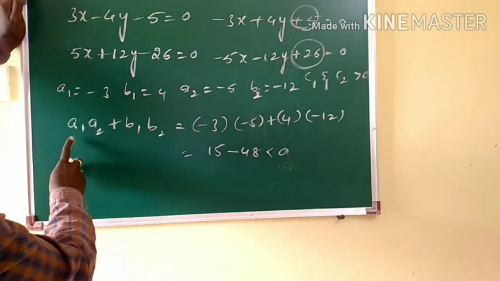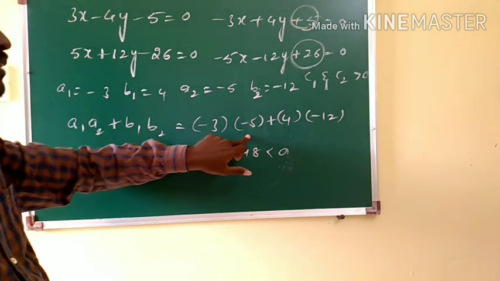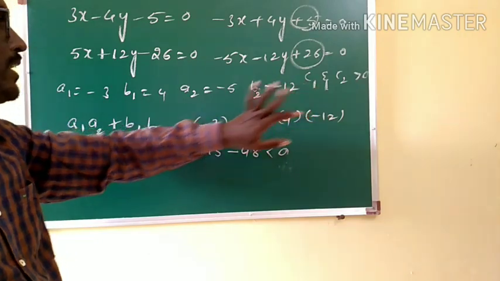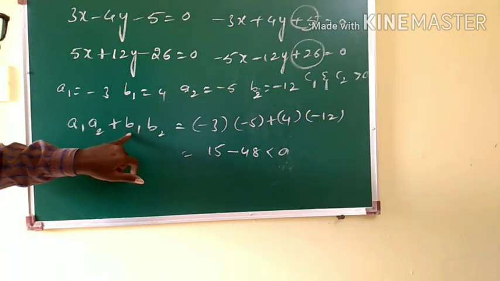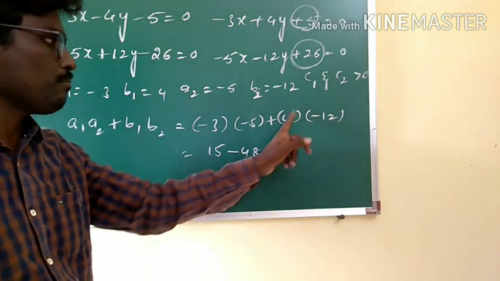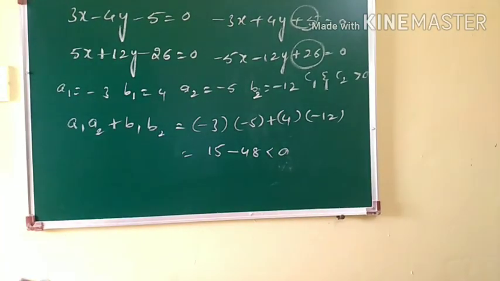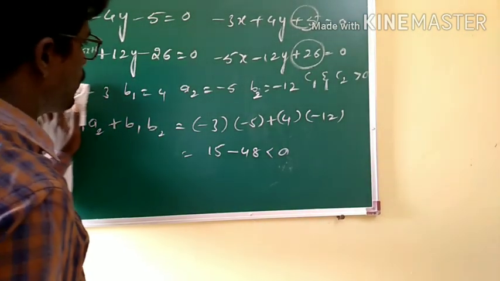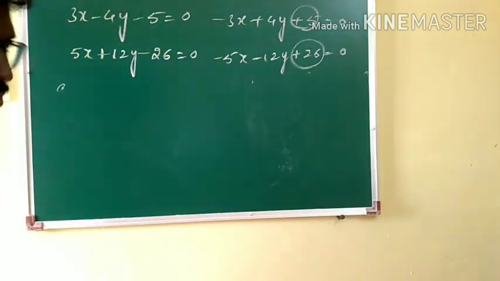And then we are calculating A1 A2 plus B1 B2, so that we get minus 3 into minus 5 plus 4 into minus 12, because A1 A2 means minus 3 into minus 5 plus B1 B2 means 4 into minus 12. So plus 15 minus 48 will give us negative sign. Since it is negative, between the two expressions, what are we going to take?